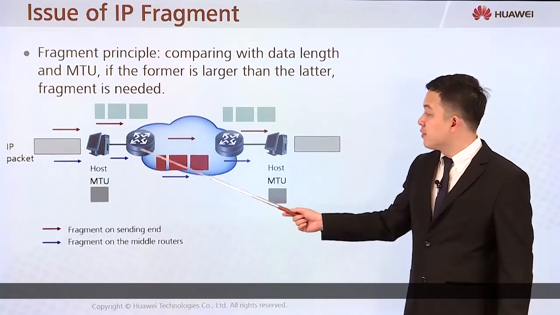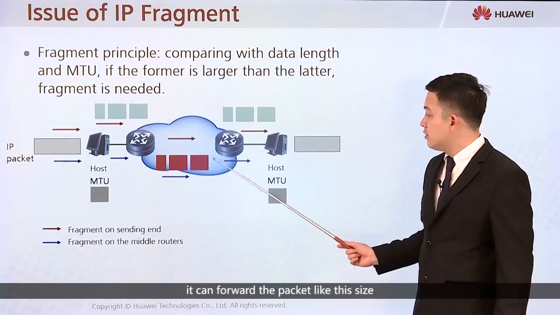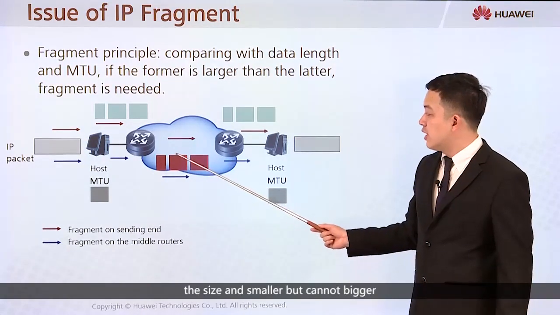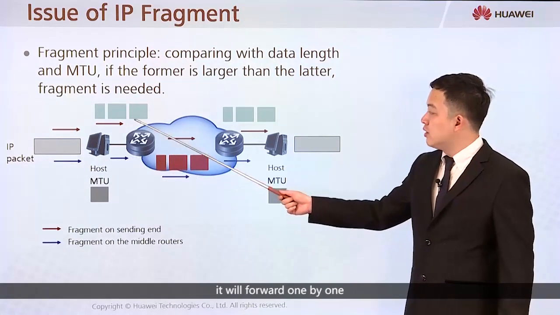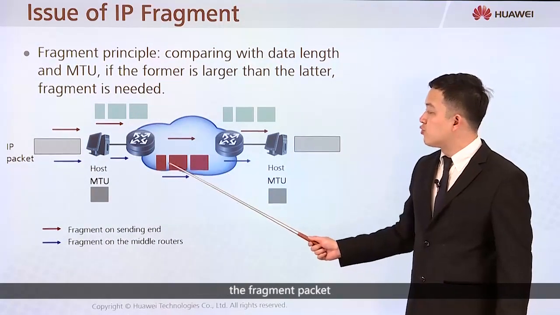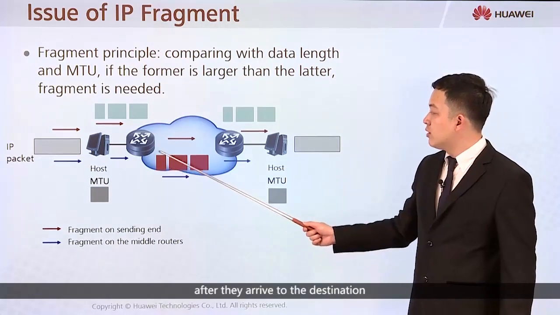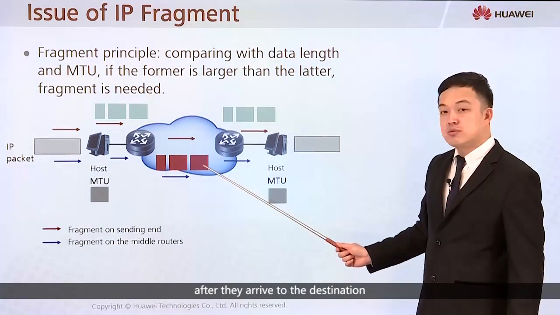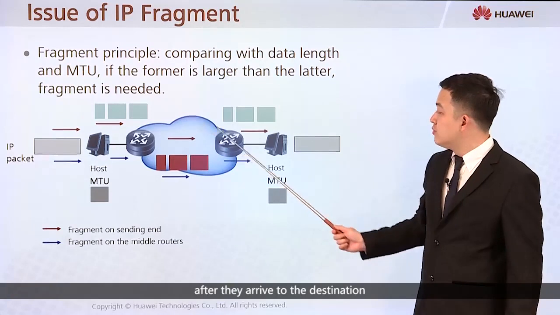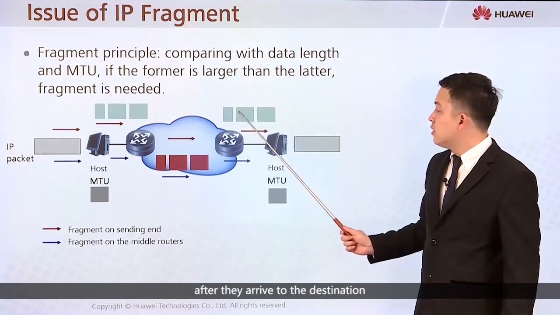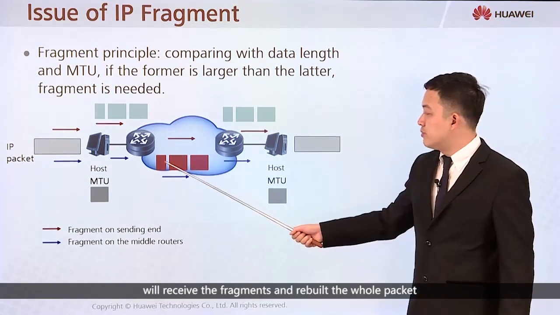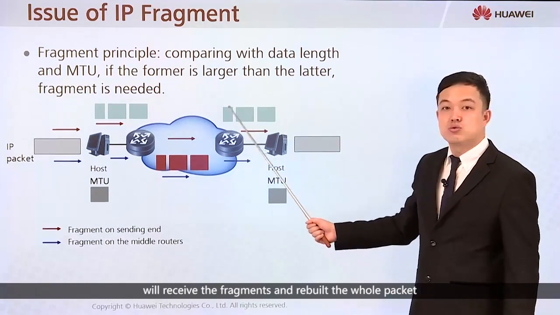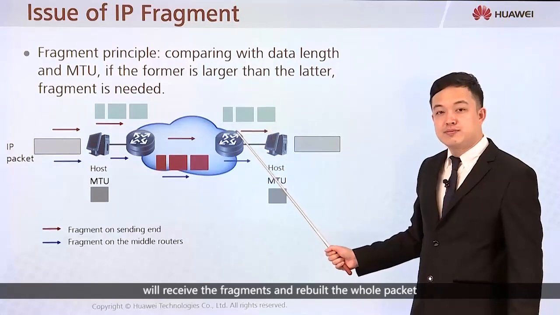Each time it can forward traffic of this size or smaller, but not bigger. It will forward the fragmented packets one by one. After they arrive at the destination, this router will receive the fragments and rebuild the whole packet.